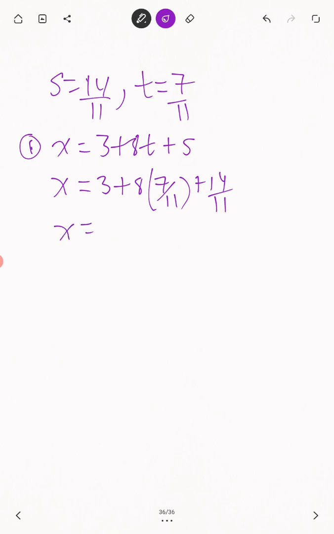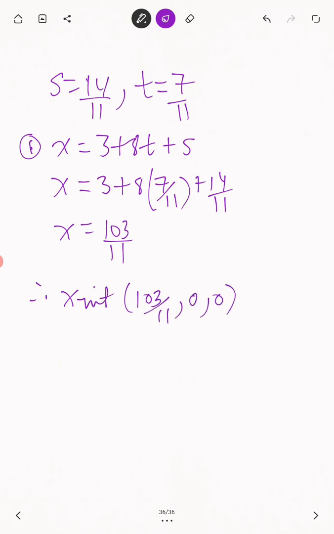And then I get an answer for x. And so x comes out to 103 over 11. Therefore, the x-intercept is 103 over 11. Don't forget to write it as a point, with 0 for both y and z. The end.